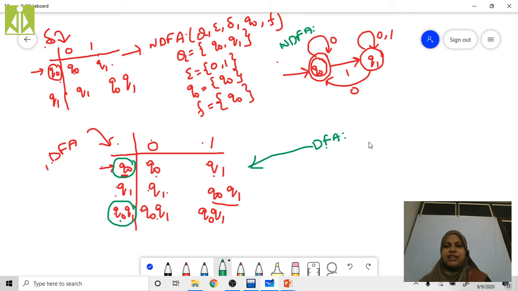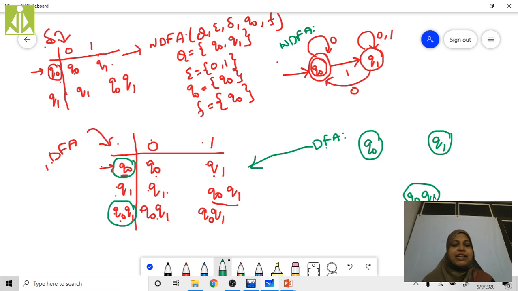Three states: Q0, Q1, and Q0 Q1. Which one is the initial state? Q0 is the initial state. Which are the final states? Q0 and Q0 Q1. Final states are drawn as double circles.